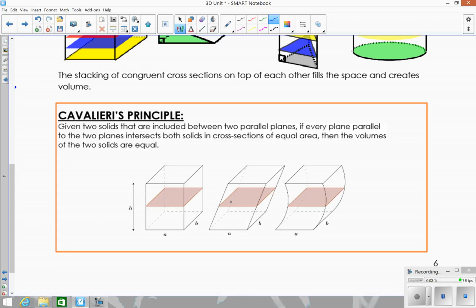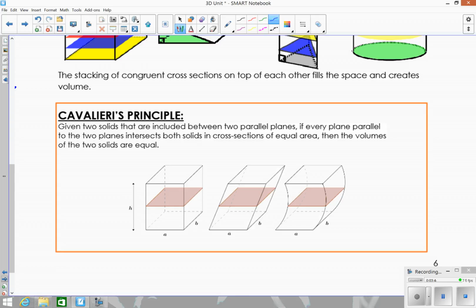Since the areas of the cross sections are the same, and since the bases are the same, these would end up having the same volume because the heights, if you look, are also the same in the pictures. So it doesn't matter if you have a figure that's oblique, or slanted, it ends up having the same volume as long as the areas of the cross sections are the same and the heights are the same. So that's called Cavalieri's principle.